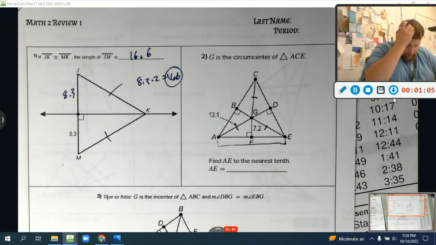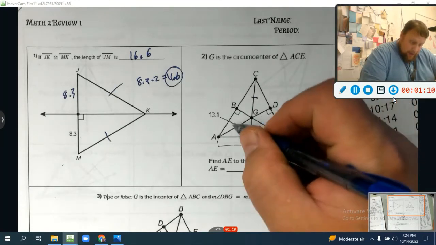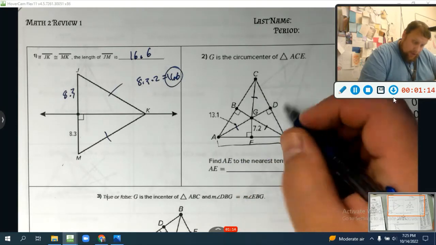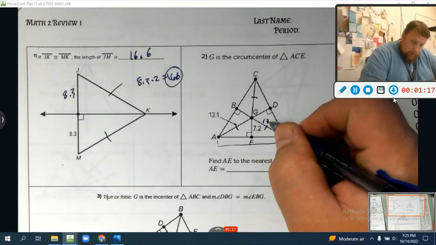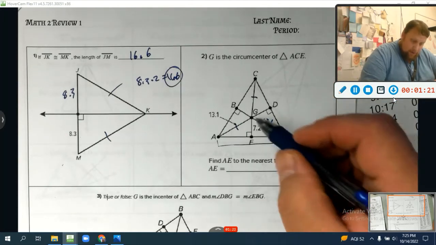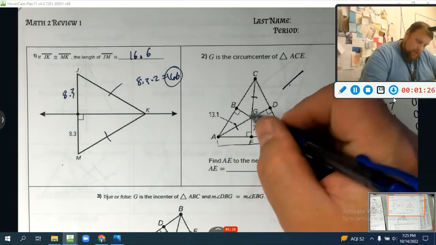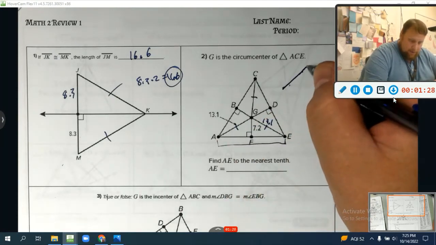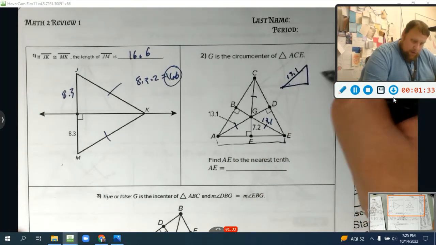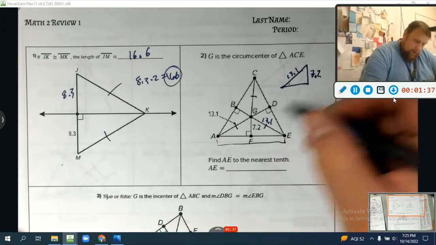Well, here's the deal. To find AE, if I know that AG, or GA, is 13.1, then I know GE is 13.1. And here's what I now have. I now have this triangle right here, which is 13.1, and this little length right here is 7.2, which we see right there.